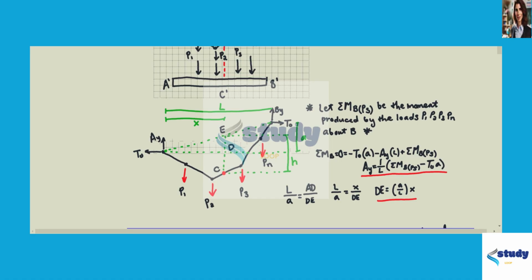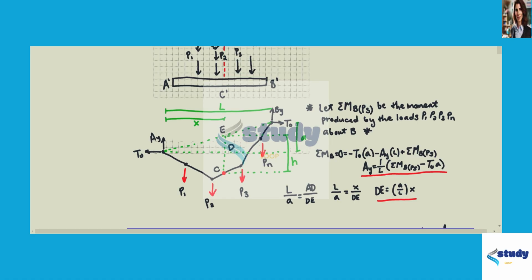This equals T naught times A, which is the vertical distance from A to B, minus AY times L, the horizontal distance from A to B, plus the sum of moments around B due to the loads. So we're going to simplify down and solve for AY, which equals 1 over L times the sum of moments of B due to all the loads minus T naught times A. And we're going to need this equation later on.